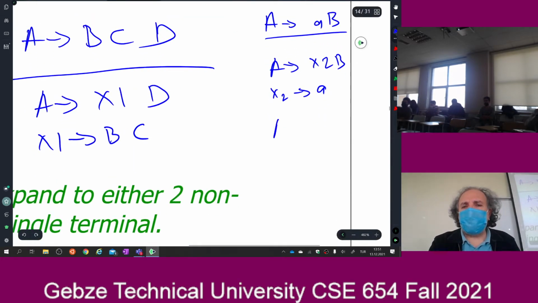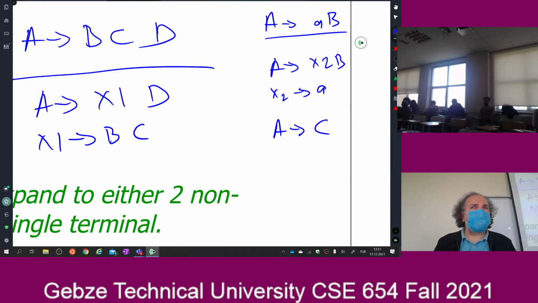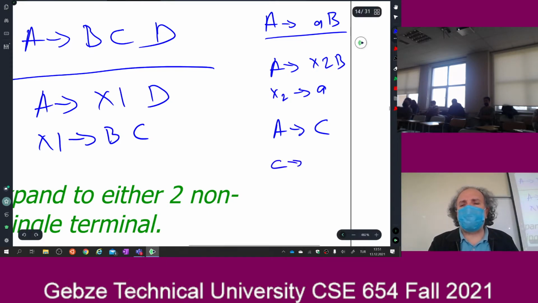How about this one, if I have A → C? Not accepted. How are you going to handle this one? Well, at the end, C has to be going somewhere, like C → A B, C → D, right?